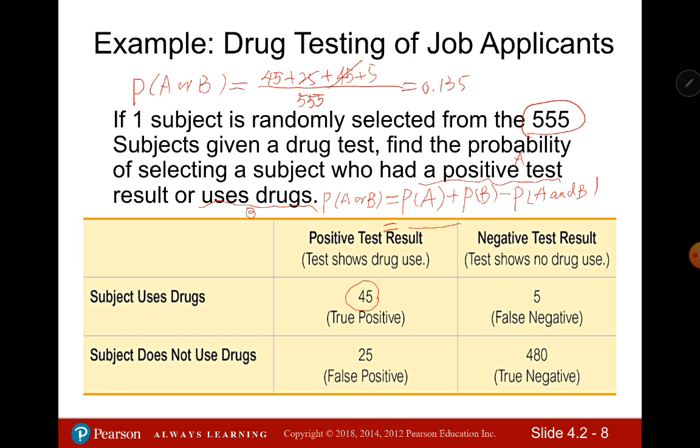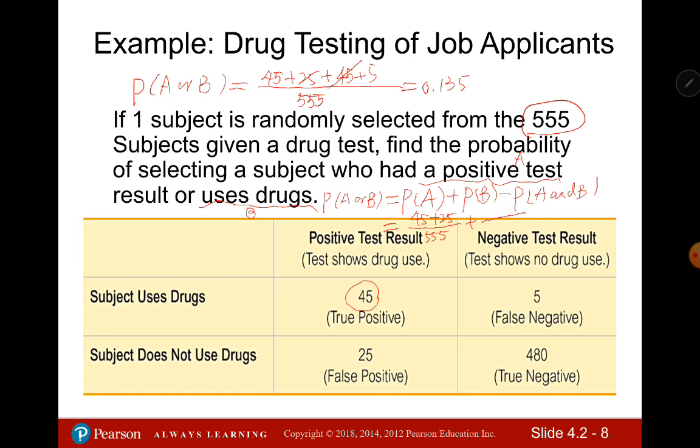A here is a positive result. The probability of A is, we just check the first column. It will be 45 plus 25. That's how many people get a positive result divided by the total people, right?